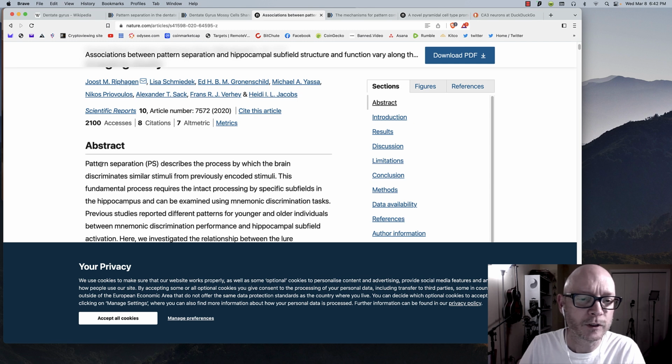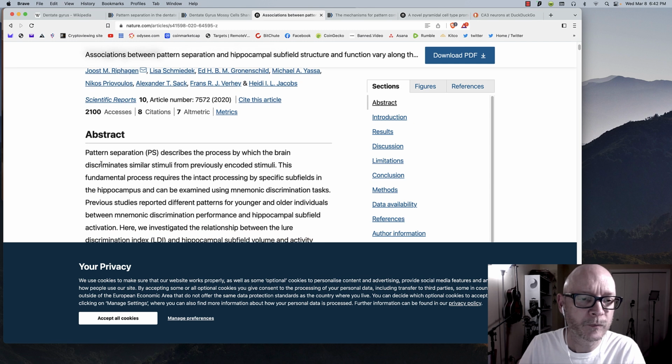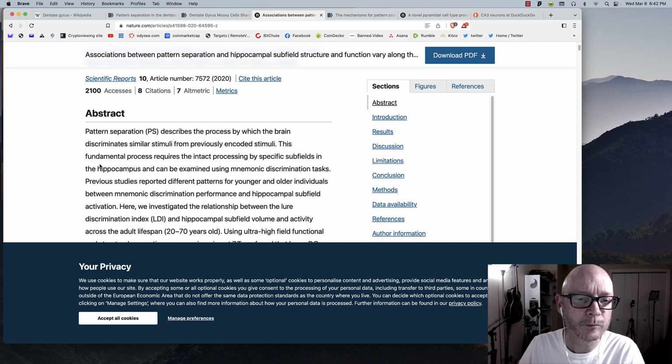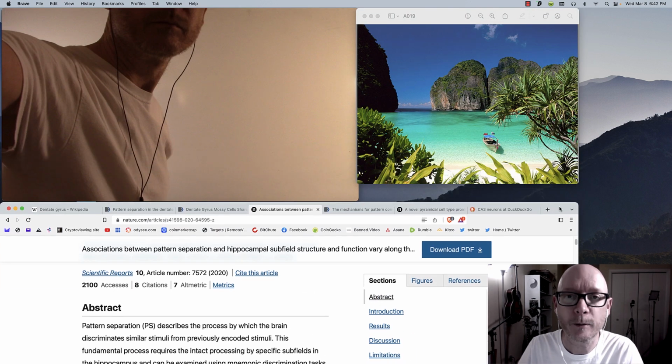But what it actually is, this is a great descriptor right here: pattern separation describes a process by which the brain discriminates similar stimuli from previously encoded stimuli. Memory comparatives.